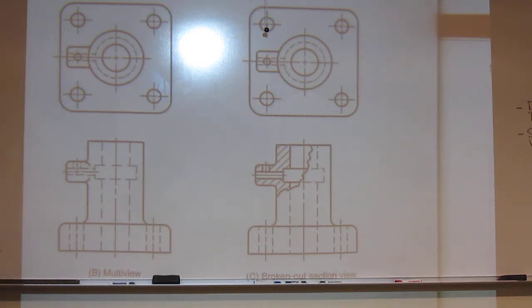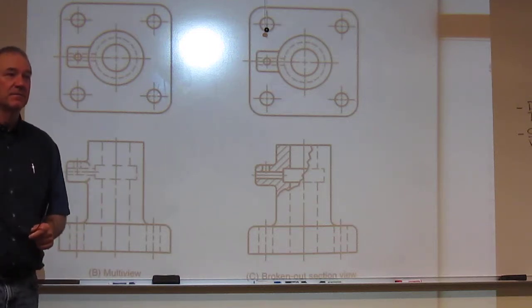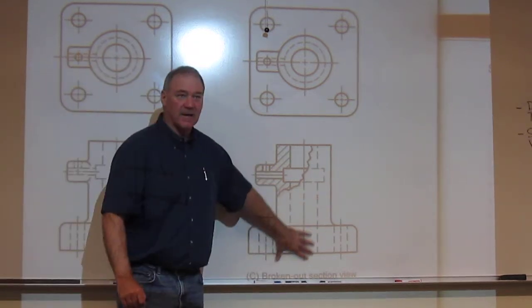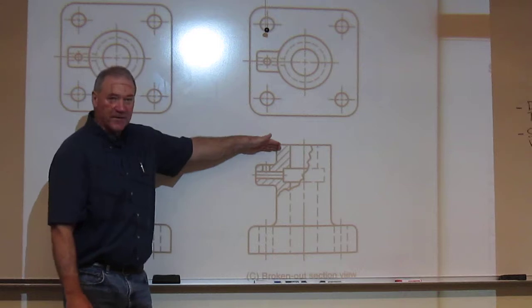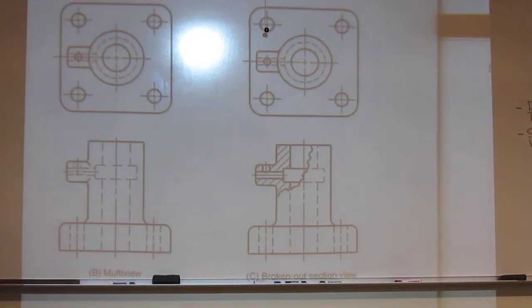The rest of the object that is not broken out goes through standard orthographic projection. So you do have hidden lines with this one. Okay, so this whole thing would be standard orthographic projection. We break this part out, section view it. Any questions on this one?